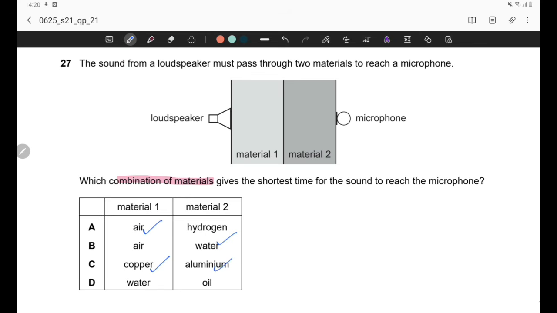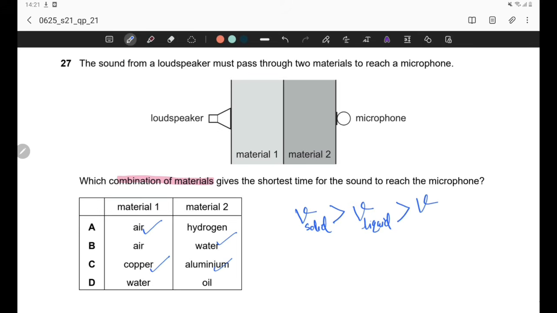When we check the speed of sound, it is highest in solid, so the speed of sound in solid is very high. Then comes the speed of sound in liquid, and the least speed the sound will have is in air.